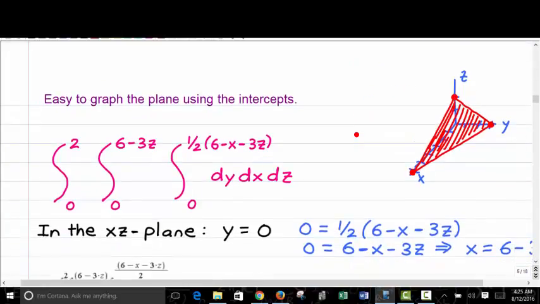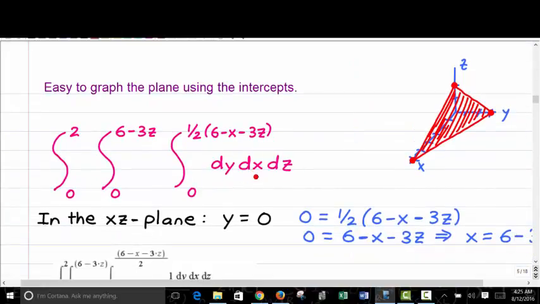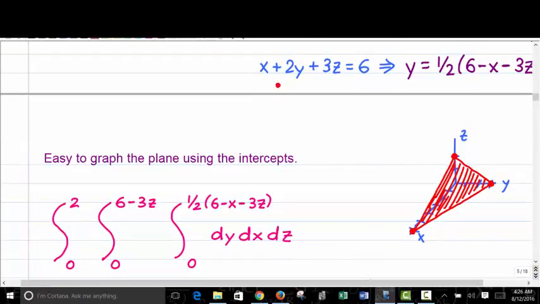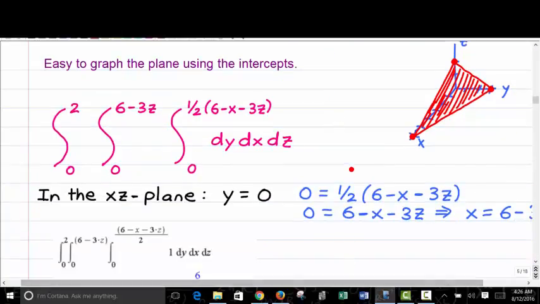Now, the thought process when you move over is we're only in the xz plane. We've essentially used the y, so we're through with it, and if we're in the xz plane, that means y is 0. So you can take this equation and replace y with 0, and that's going to give me x plus 3z equals 6.